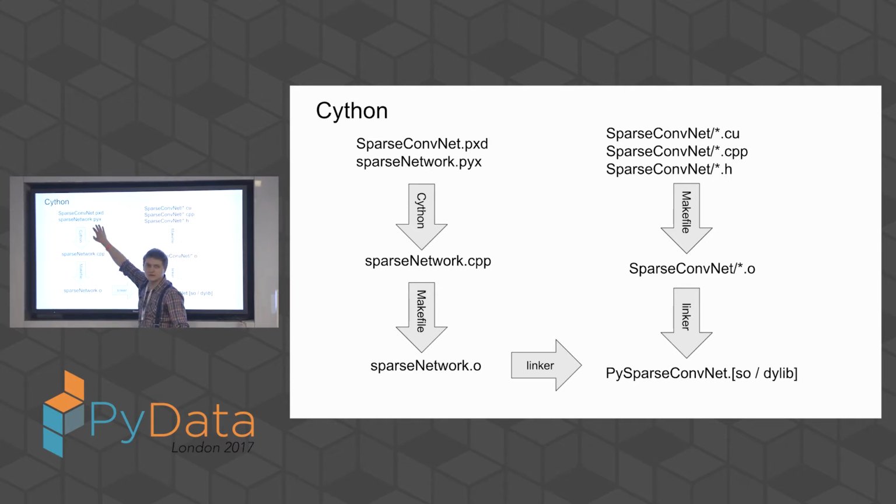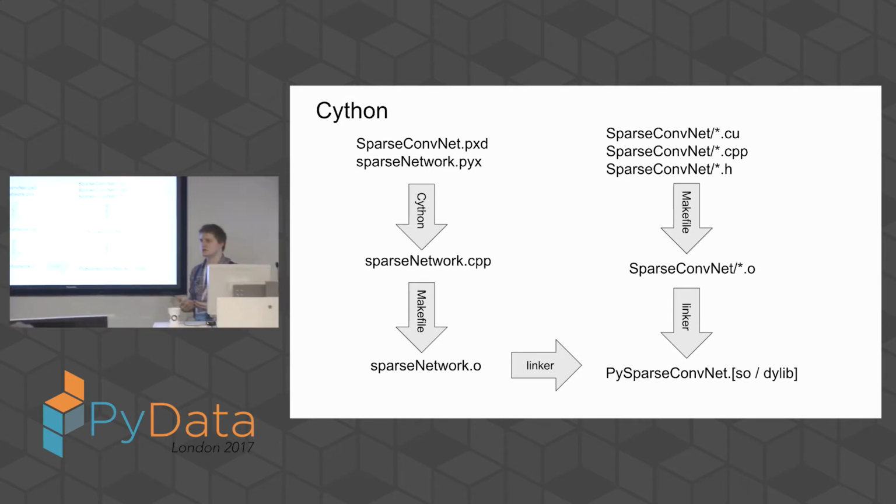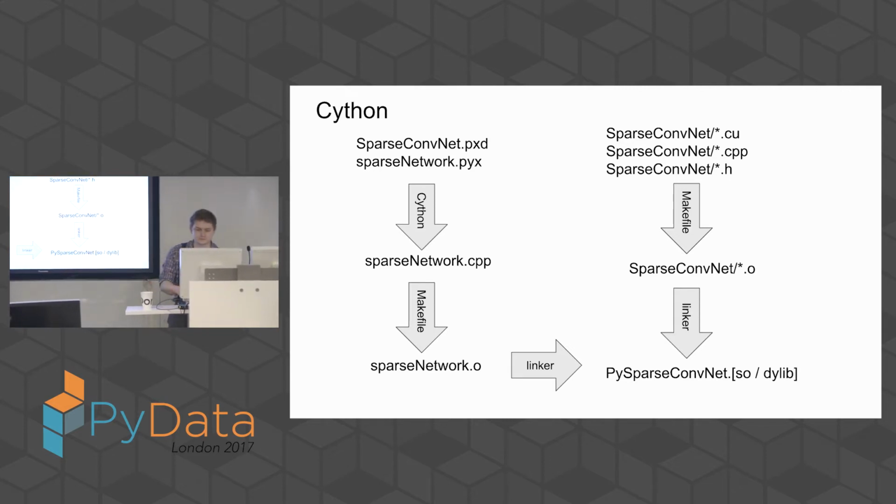Then Cython, at compile time, converts those definitions and payload into a CPP file. Then our makefile turns everything into object files, and then using the NVIDIA compiler NVCC in linker mode, we link it all together into an SO shared object, which is essentially going to be a Python module.